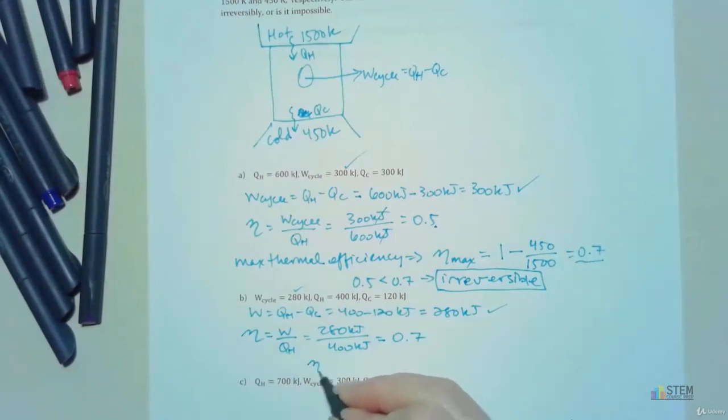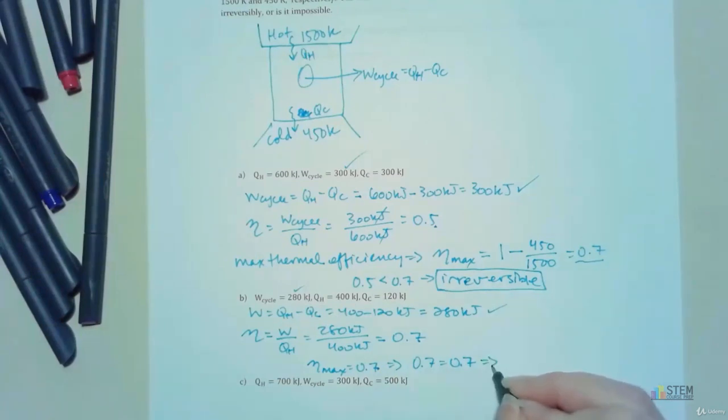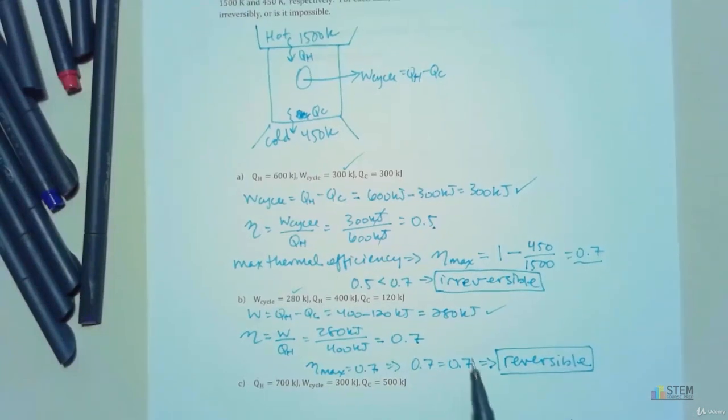Now if we have 0.7 and the max possible value is 0.7, that means we are at the optimal case here. So we have a reversible power cycle. So the max efficiency we can get is 0.7. So that's like 70%.